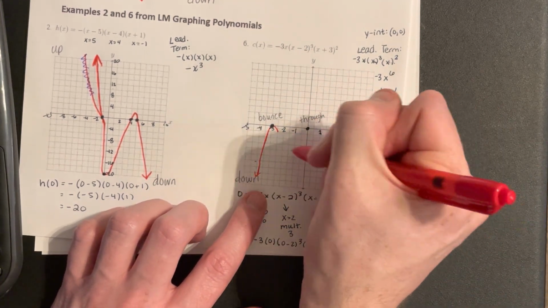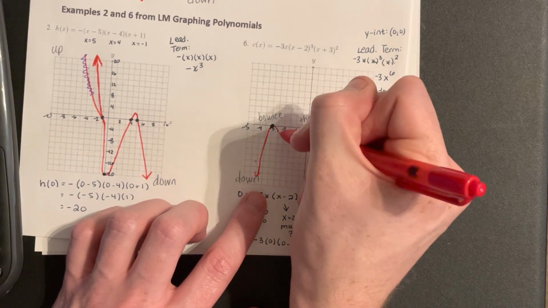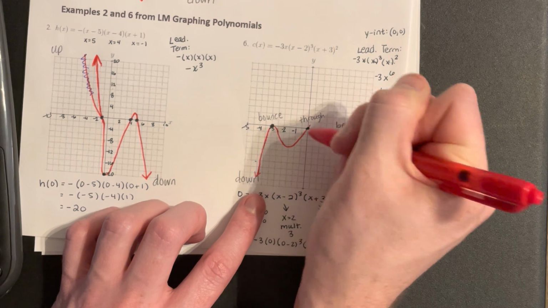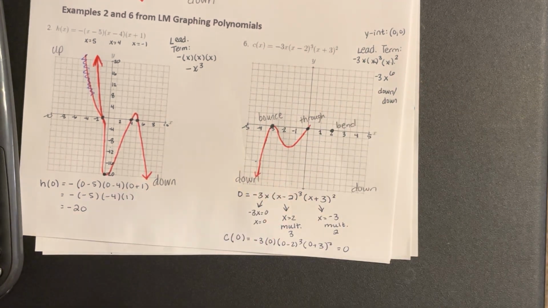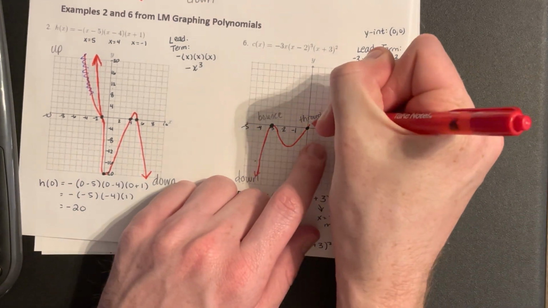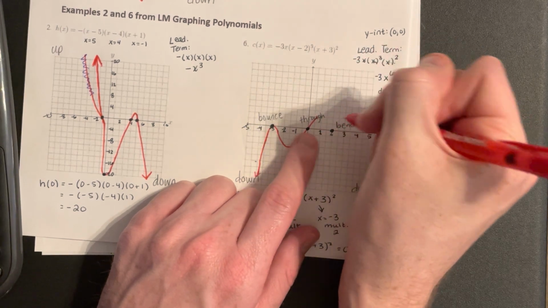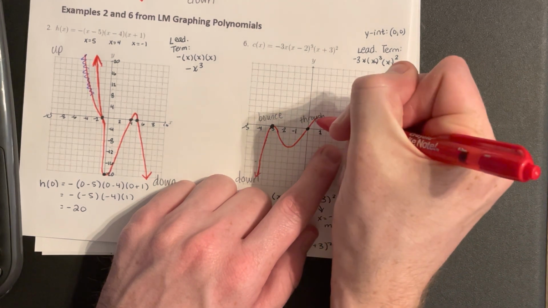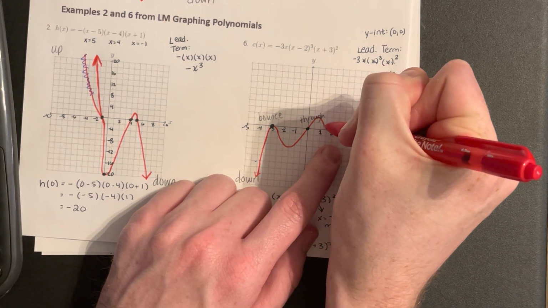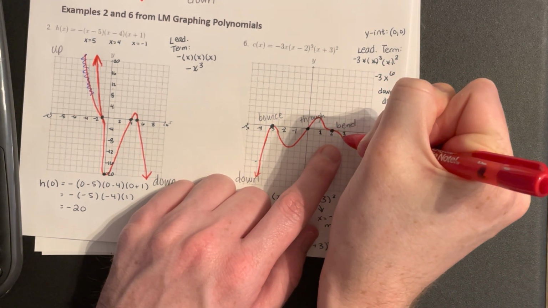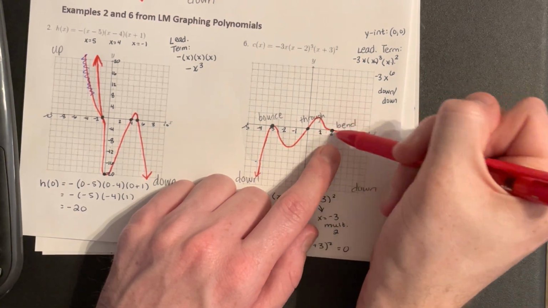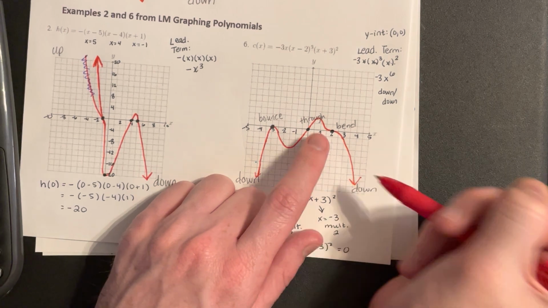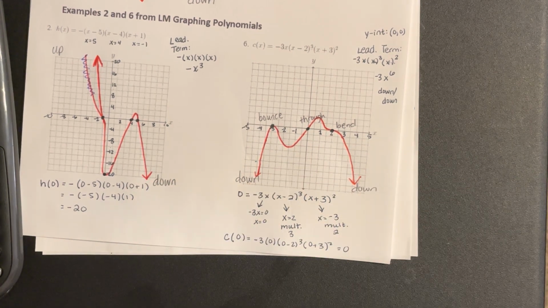It's going to have to go back up because I need to go through 0. So I can go down for a little bit, but eventually I need to come back up. And we don't know exactly how far it goes down. We're not worried about it. Then once we go back up, eventually it comes back down because we're going to bend through that positive 2. So I can wiggle or bend. It's not going straight through. Notice you're going to have a little curvature to it. And it goes back down. So there's a general shape of this.